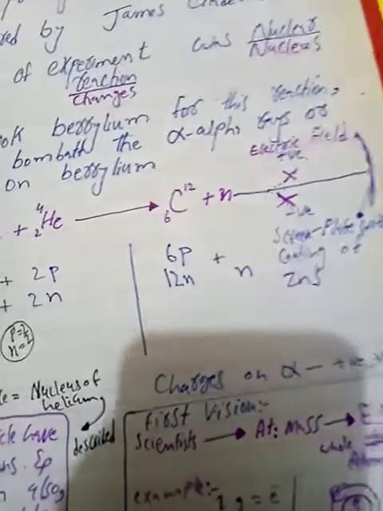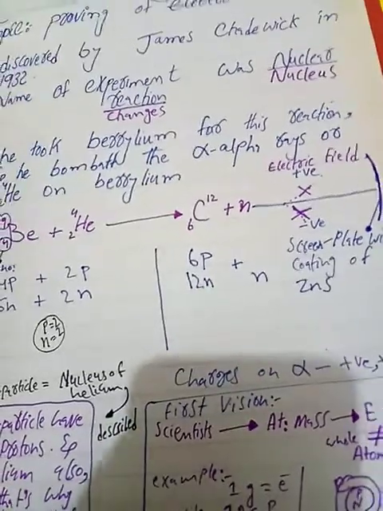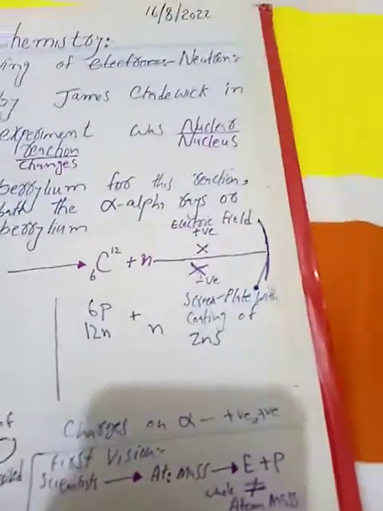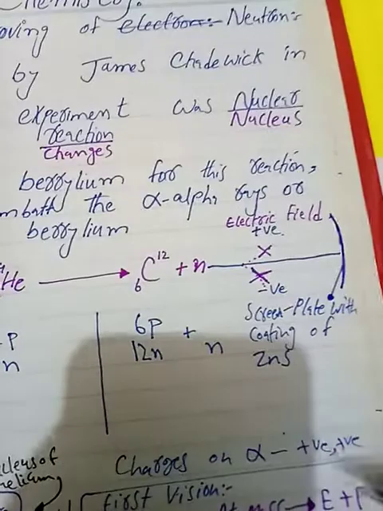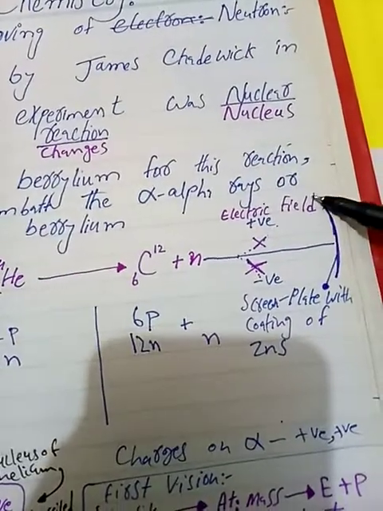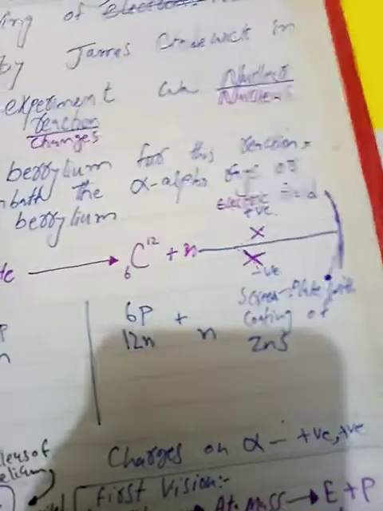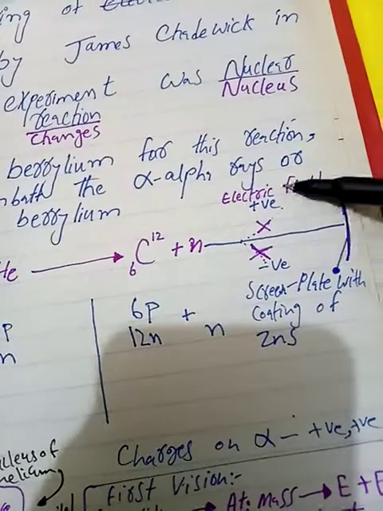But he observed one thing, that there was one other particle as well. He wanted to see which particle it was, so he put an electric field, and as you know, an electric field attracts positive and negative charges.